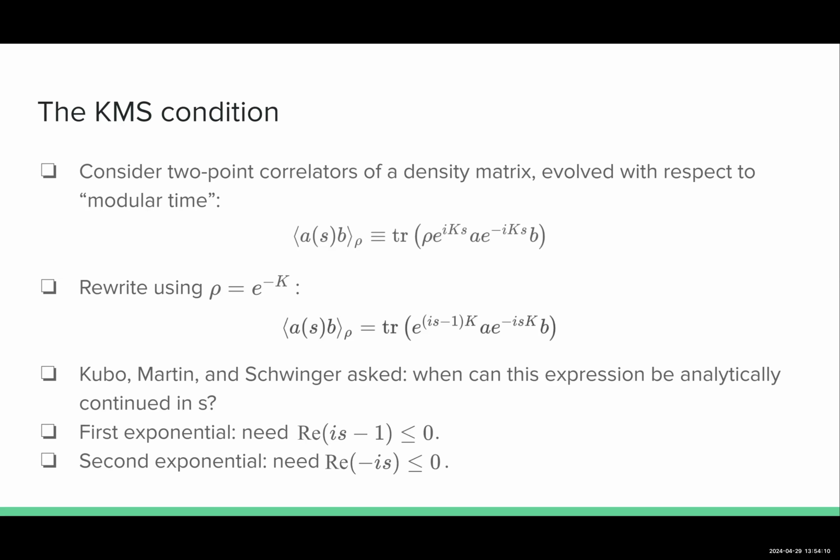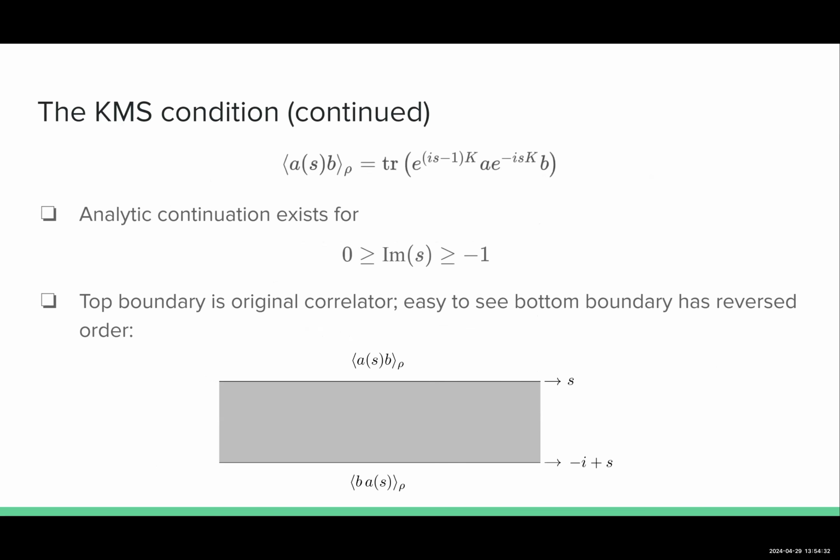So for the first exponential to make sense, I need the real part of is minus 1 to be non-positive. And for the second exponential to make sense, I need the real part of minus is to be non-positive. Indeed, if you do a little bit of math, you can show that this intuition is correct, and that if you restrict to the domain where both of these inequalities are satisfied, this is in fact an analytic function of s. And what that domain looks like is very simple.